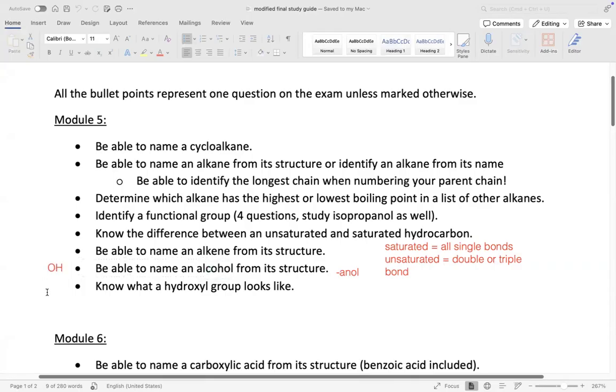There's some that are a combination of an OH group and other parts, but alcohol is just the OH group. Which also leads us to the last point, to know what a hydroxyl group is. A hydroxyl group is the same thing as an alcohol. It is an OH group. It's just the name for it.